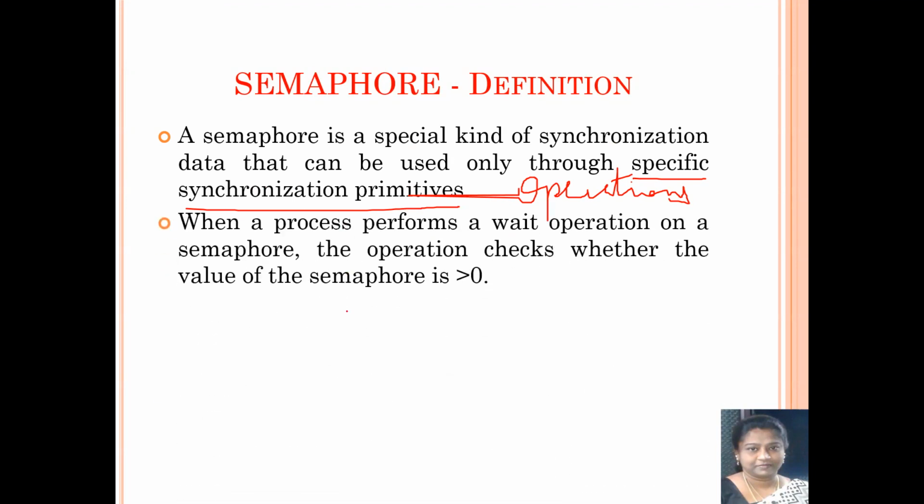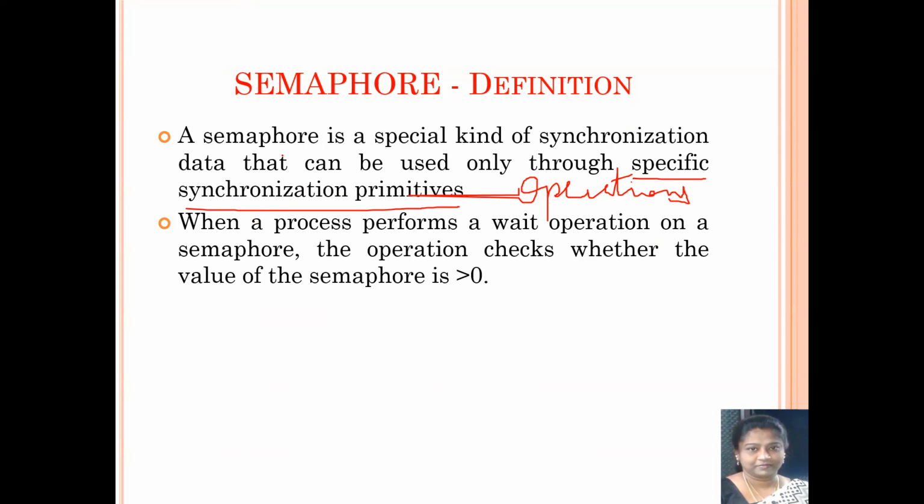Now, when a process performs a wait operation on a semaphore, the operation checks whether the value of the semaphore is greater than 0. As I already informed you, this is talking about the specific synchronization primitives, the operations that can be done on a semaphore. So what are the operations that you can do on the semaphore?